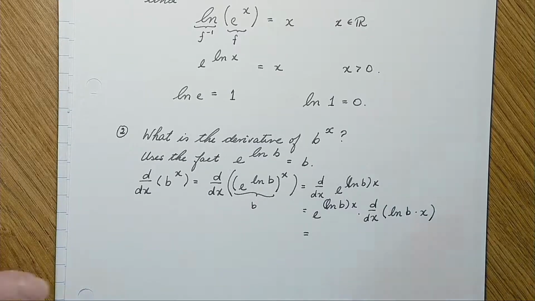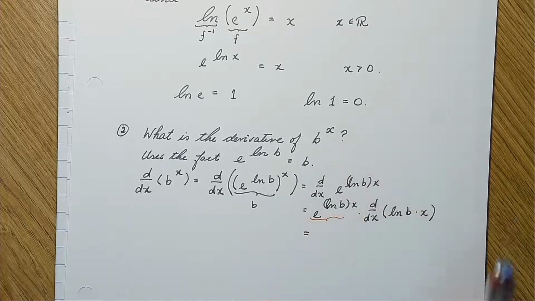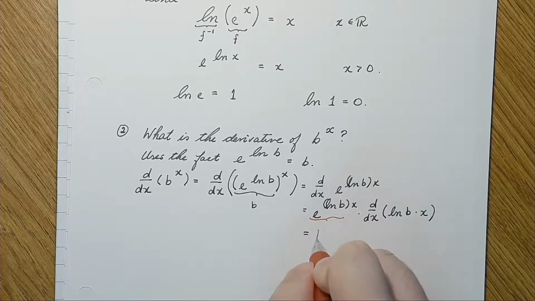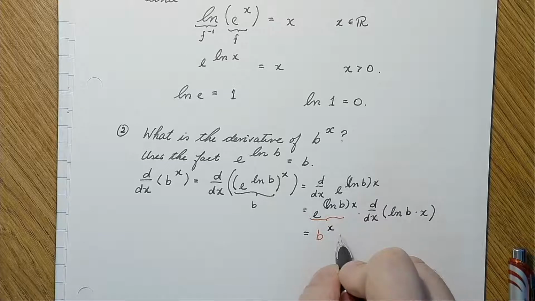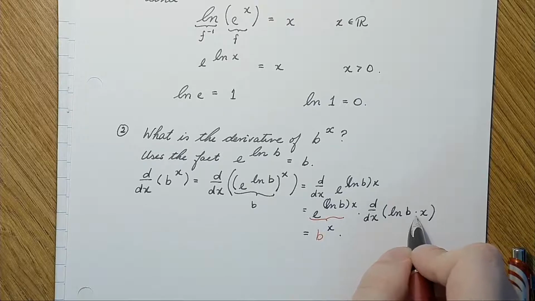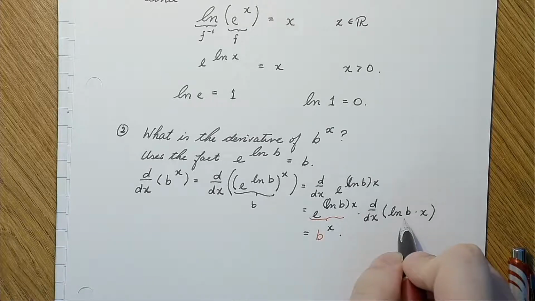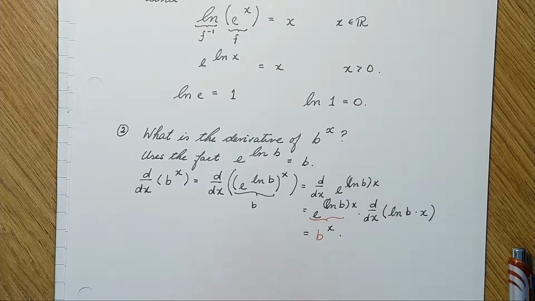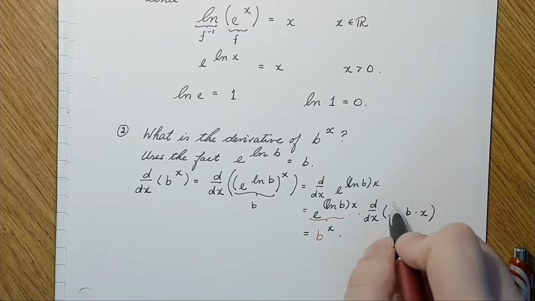Now the nice thing about this part right here is we know that it is equal to b. I still am left with it to the x, times the derivative of ln of b times x. But this ln of b is just a number, because I fixed what that value is going to be. B is a constant.